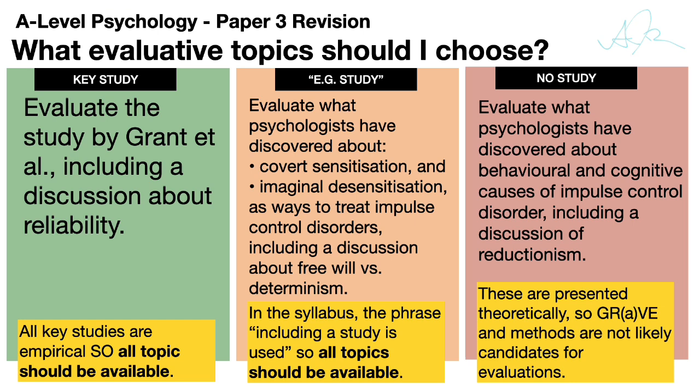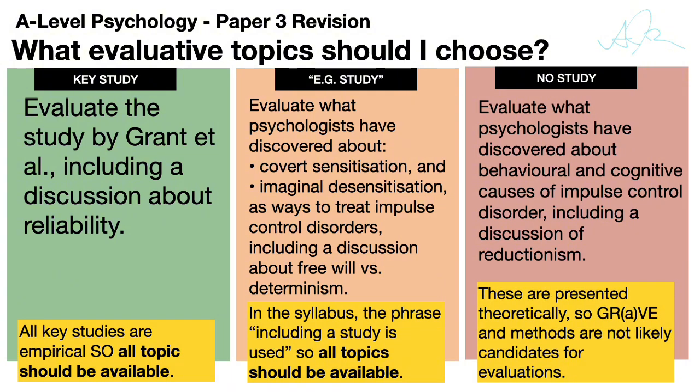When it comes to the evaluation section, it's a little bit troublesome because now we have to put 2 ideas per paragraph, not just one as we would have with the Grant study. But for both the case study and the EG studies, what the nice thing is that these are based on empiricism, and therefore all evaluative topics are available to us. That includes issues and debates, methodology, and GRAVE.